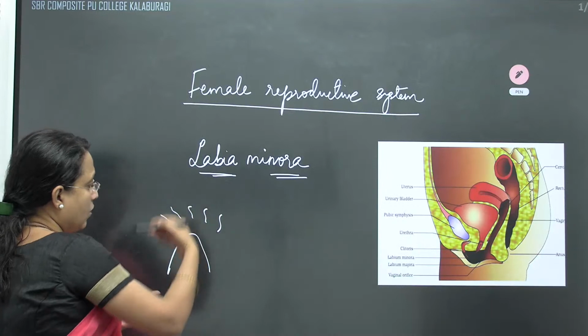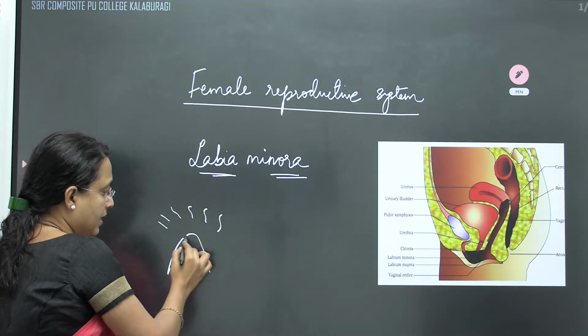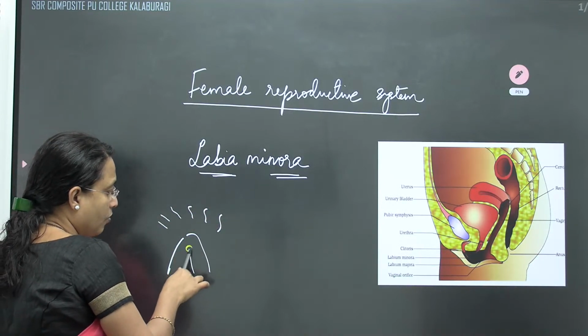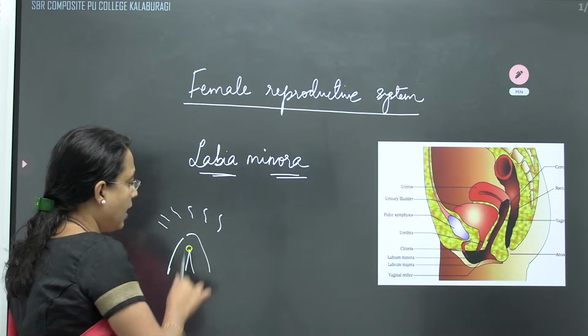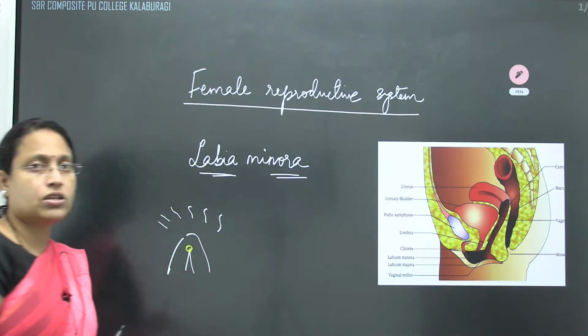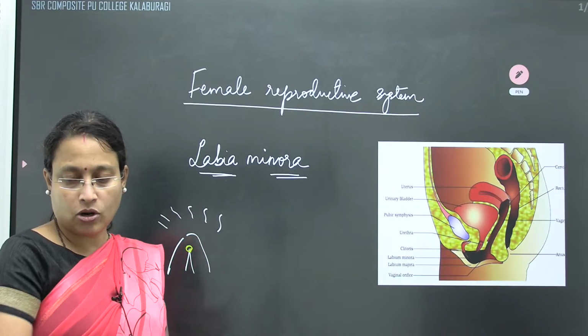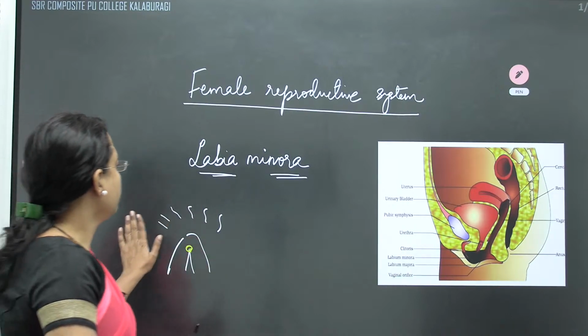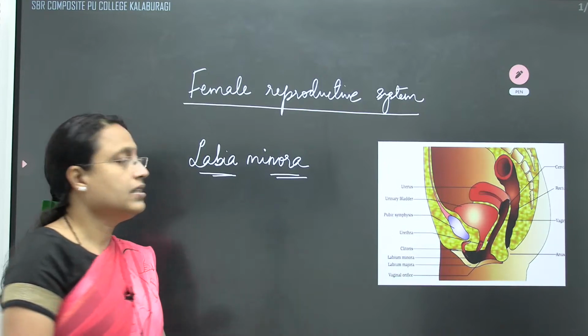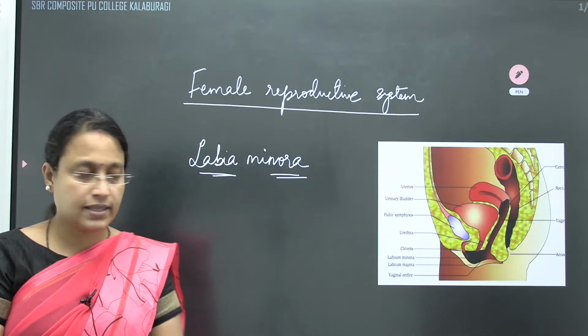Now, anteriorly, or in the front, it forms a junction. At this junction, there is a structure called the clitoris, about which I am going to explain shortly. So this is about the inner fold of the skin.